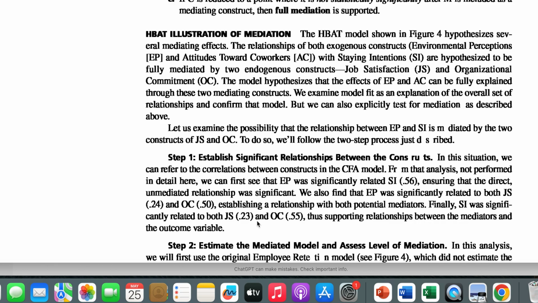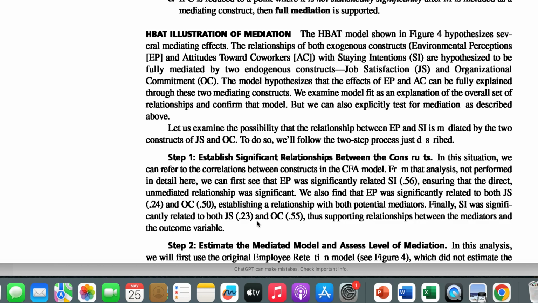The relationship of both exogenous constructs, environmental perception and the attitude toward the coworker, with the staying intention are hypothesized to be fully mediated by two endogenous constructs, job satisfaction and organizational commitment. The model hypothesized that the effect of EP and AC can be fully explained through these two mediating constructs.